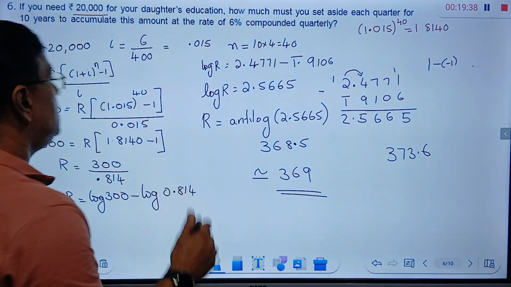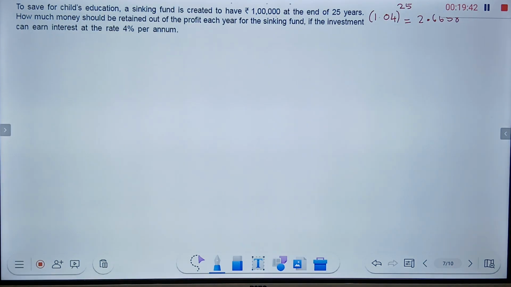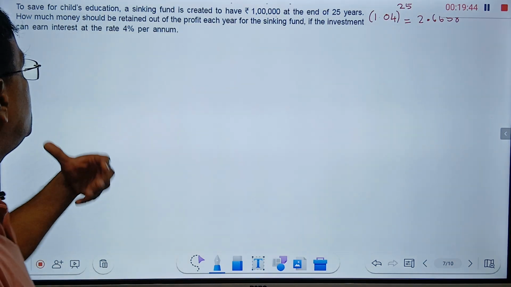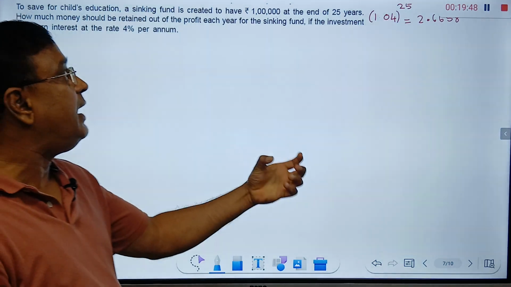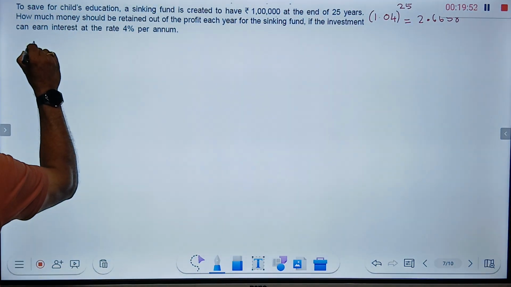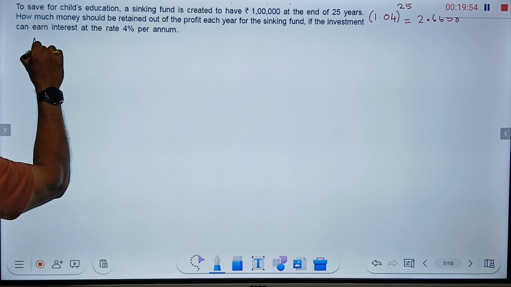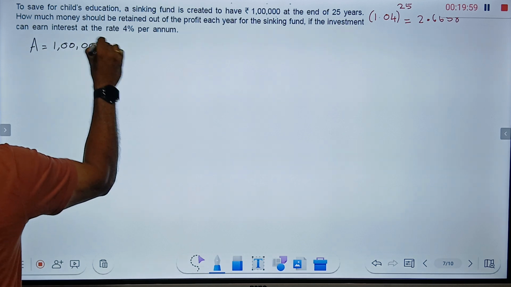Okay. Now let's go to the next question. I hope you understood the previous one. Now, to save for a child's education, a sinking fund is created to have 1 lakh at the end of 25 years. So my amount, I need 1 lakh for the child's education. So it is 1 lakh.